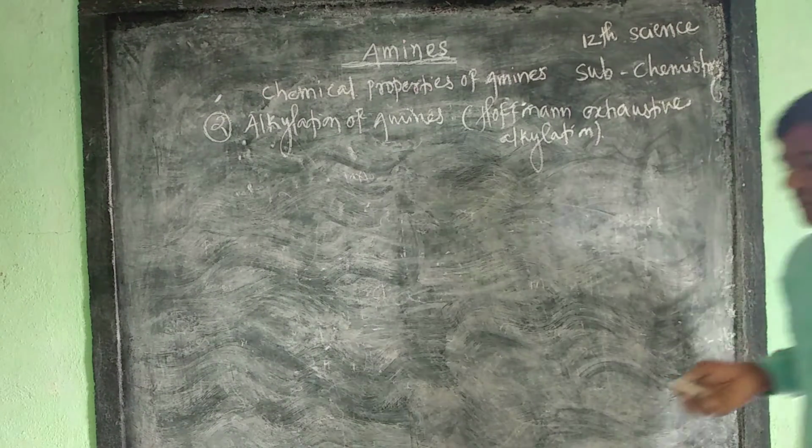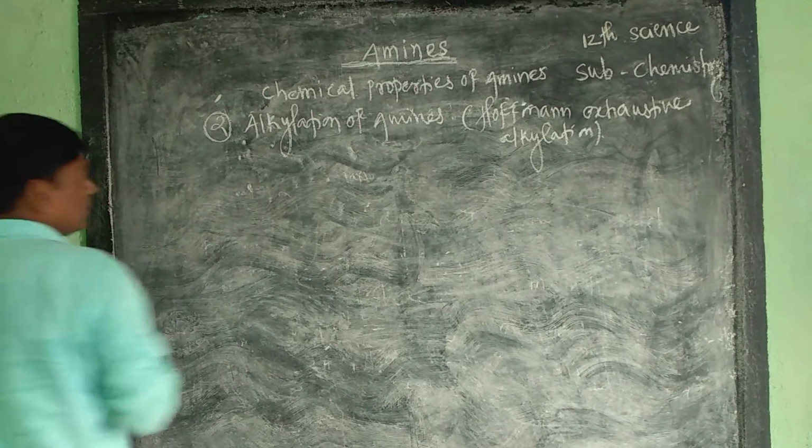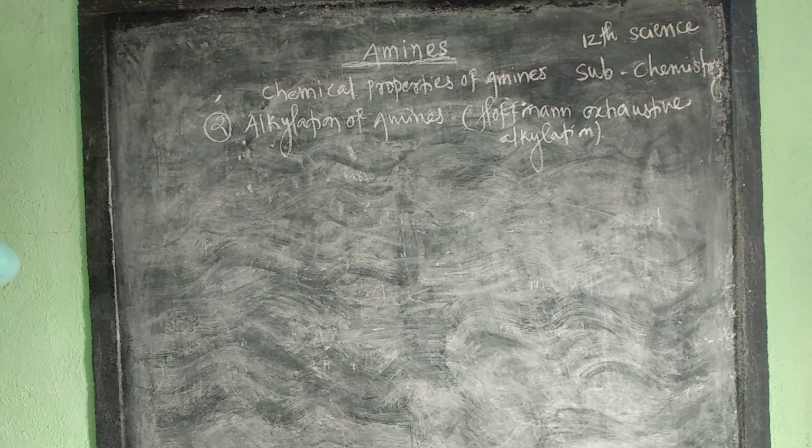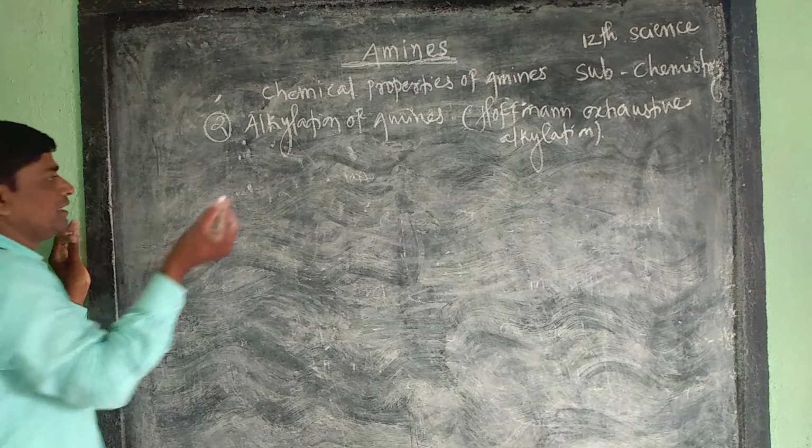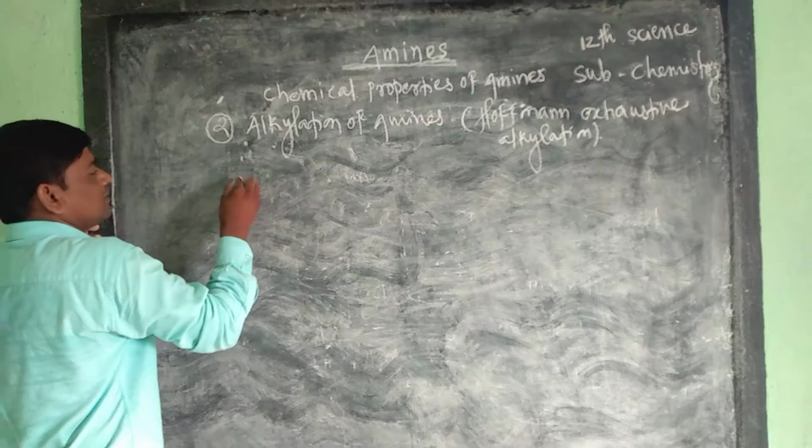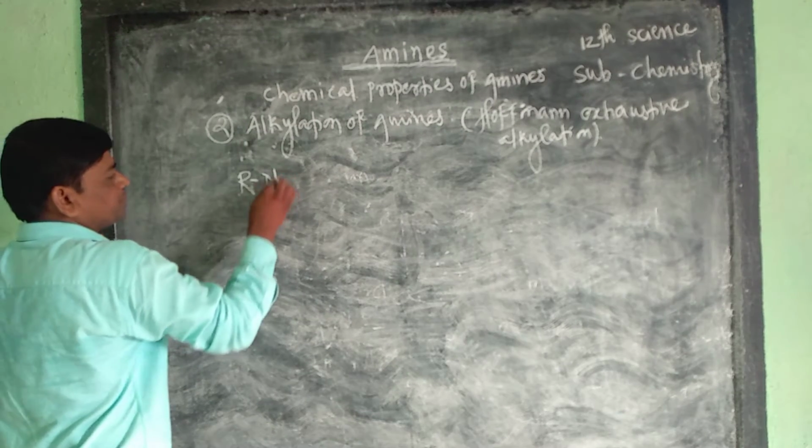Now, how to prepare the quaternary ammonium salt from this reaction, with a general example. This is the primary amine.